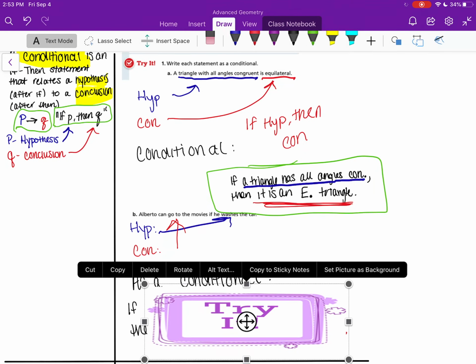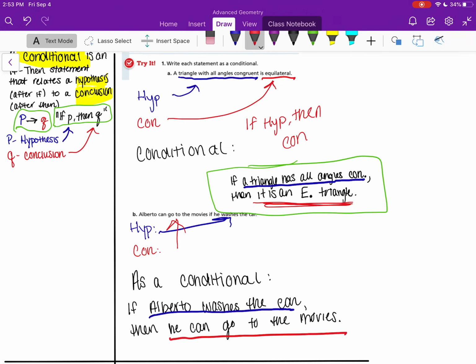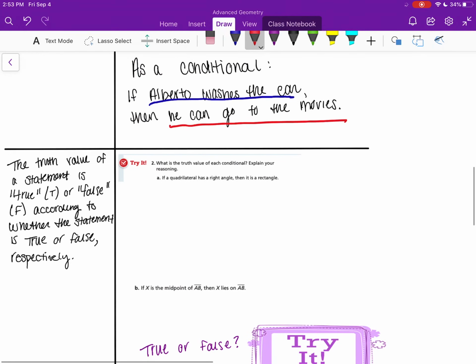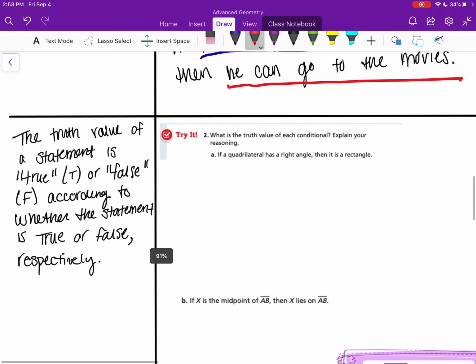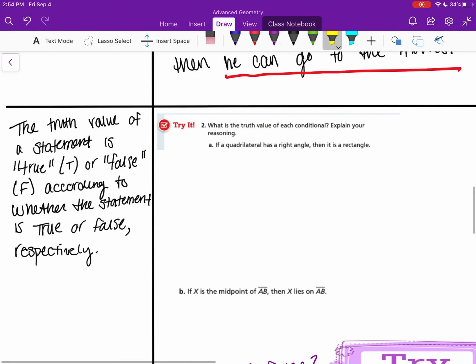Did you write it as, if Alberto washes the car, then he can go to the movies? Great. Well, example 2 has us determining if things are true or not, and we call that a truth value.